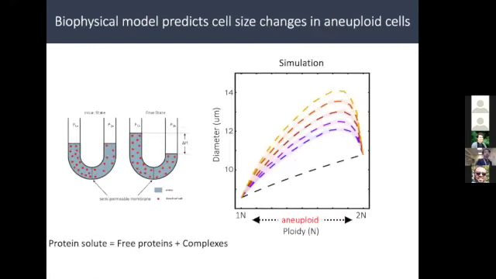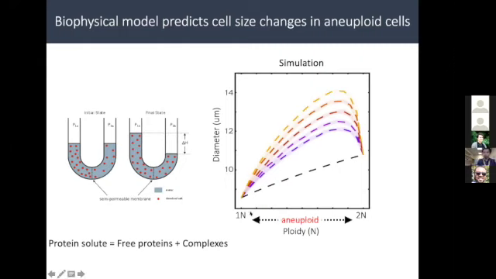So we go to the proteome database and look at the subunit number in the protein complexes, and try to simulate these results and look at the cell size change versus the ploidy level change.